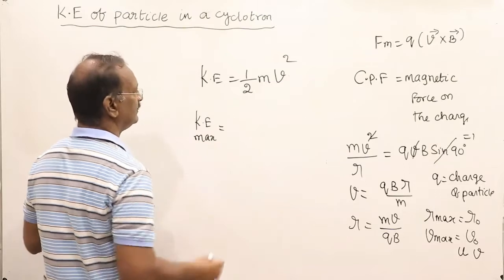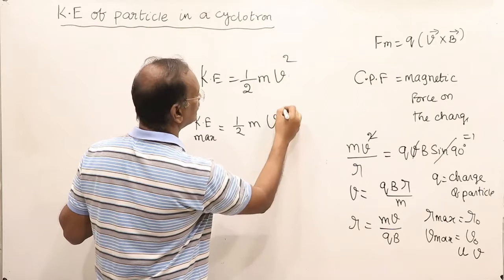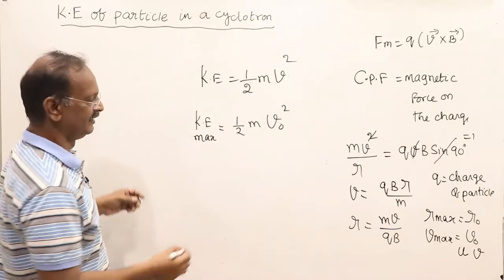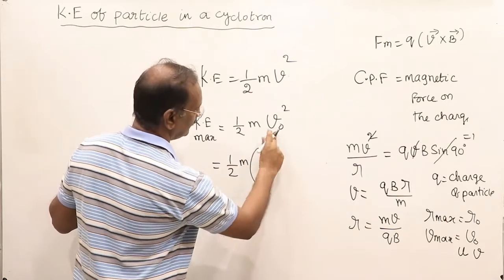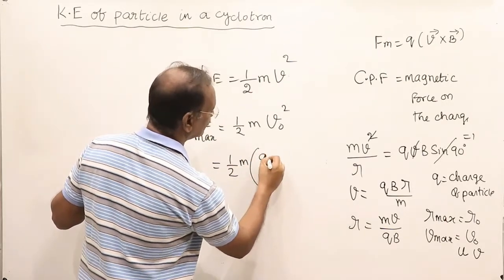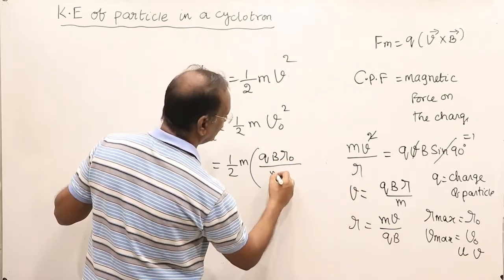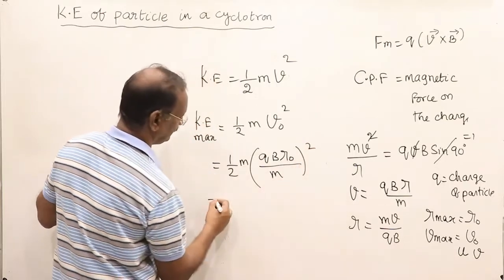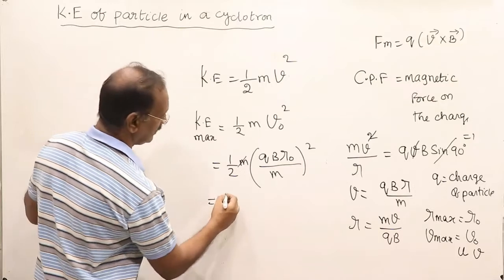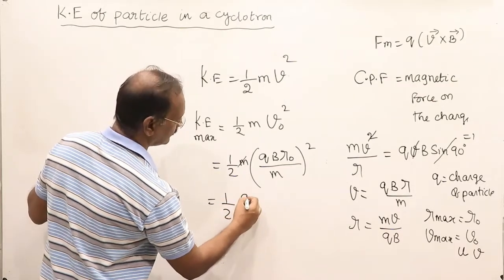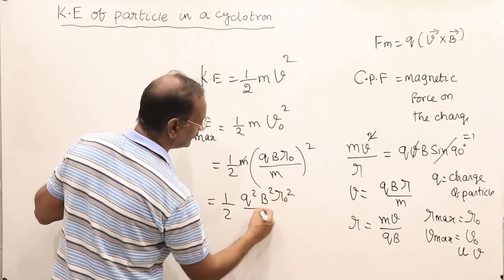in the cyclotron is equal to half into m into the maximum velocity, half into m v naught square. V naught is equal to q B R naught divided by m, and its whole square gives m square, which gets cancelled with one m, so half into q square B square R naught square divided by m.